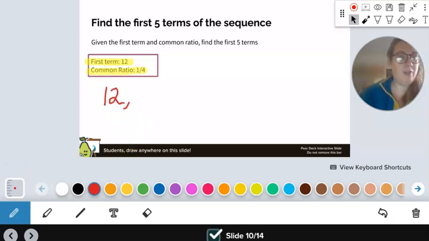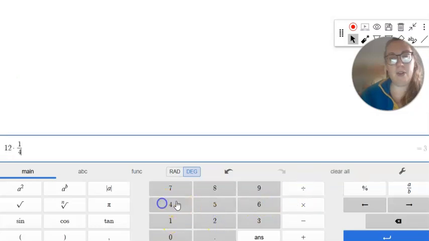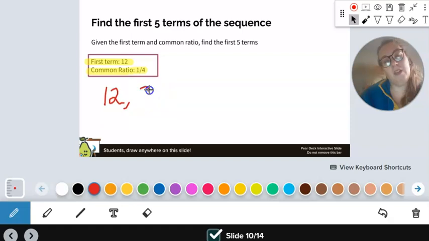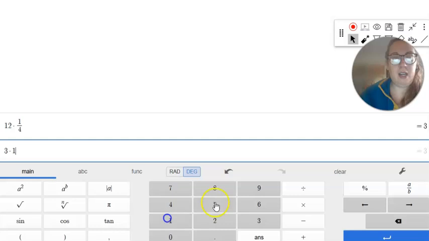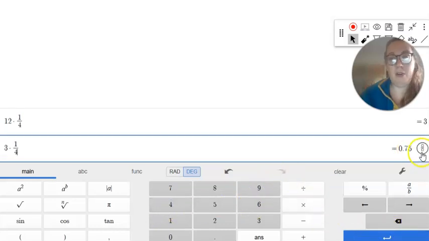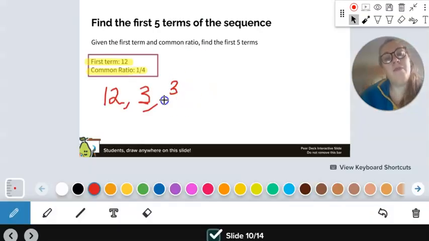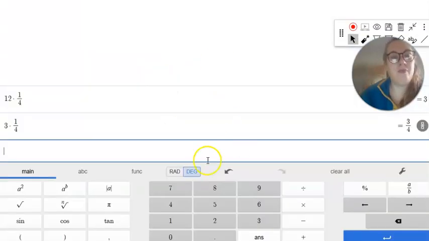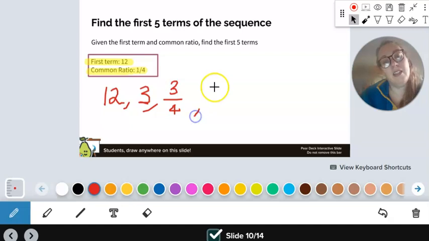So if the first one is 12, 12 times 1/4 is 3. 3 times 1/4, or divided by 4, hit it as a fraction, is 3/4. 3/4 times 1/4 is, hit it as a fraction, 3/16.